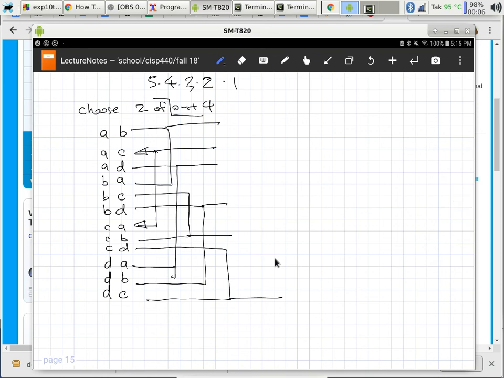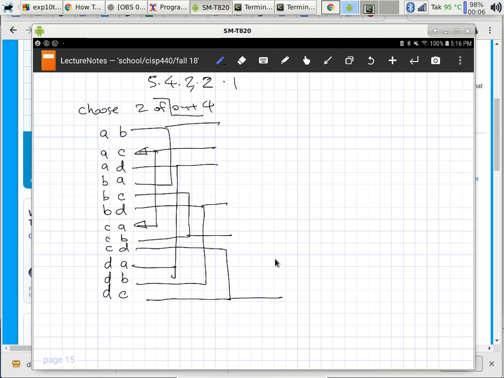Okay, so does the math work out the same way as the other one? Think about 4 times 3 times 2 times 1. That's the number of ways of choosing. Take it back. 4 times 3 is the number of ways of choosing 2 things out of 4 where ordering is significant.